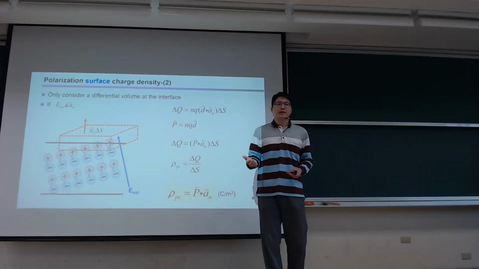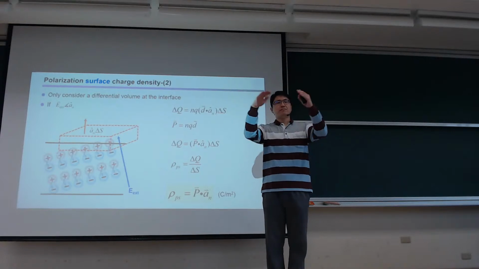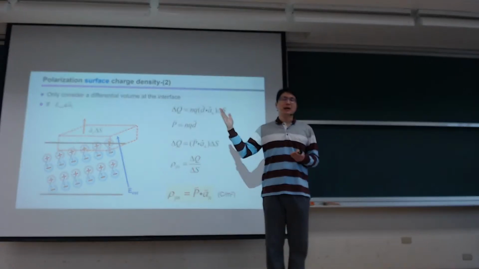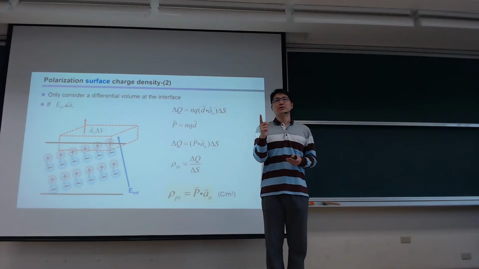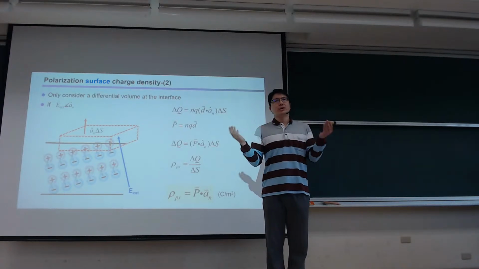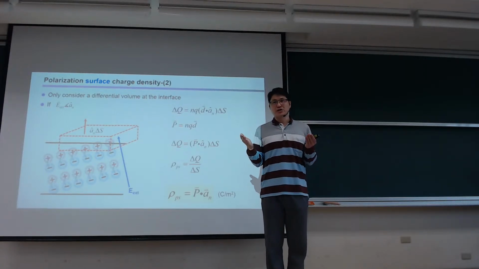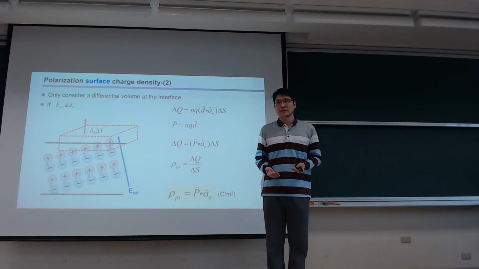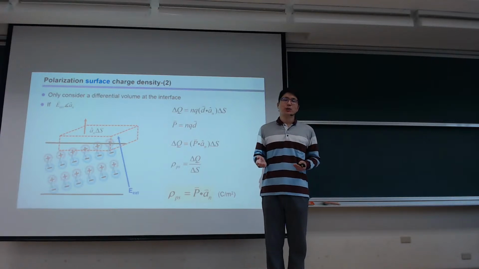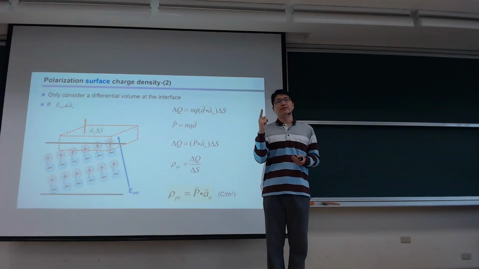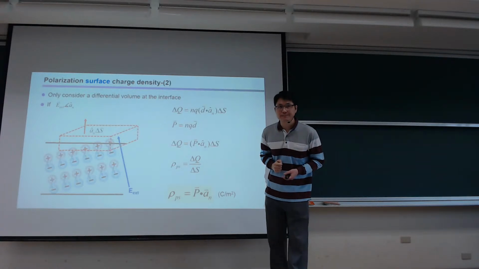So therefore, if you have some geometry and you apply your field orthogonal to the geometry, you don't create surface charge density, right? To maximize your induced surface charge density, you want to make your externally applied field parallel to your surface normal.